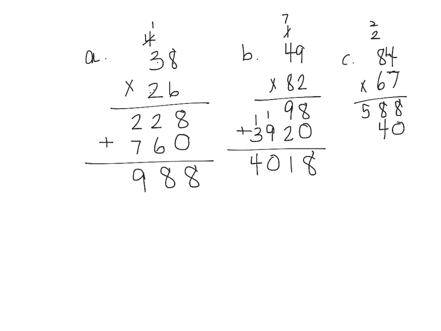So I better put a 2 there just so I don't forget. 6 times 8 is 48, plus 2 is 50. 8 plus 0 is 8. 8 plus 4 is 12. Carry my 1. 5 plus 0 is 5, plus 1 is 6. And 5. 5,628. And let's go on to D.